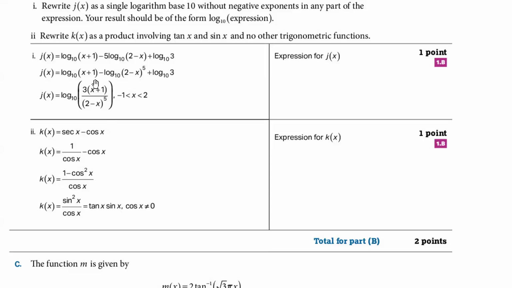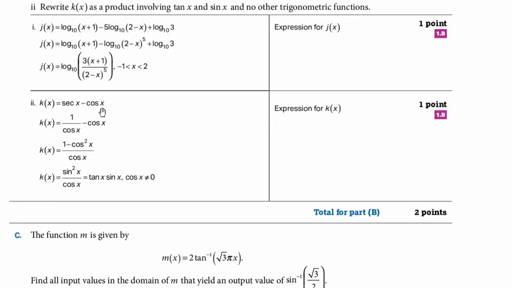Your argument can't be 0. Your argument can't be negative. Your argument has to be greater than 0. So values that would make this equal 0 would be -1 and 2. So my domain restriction would be between -1 and 2.